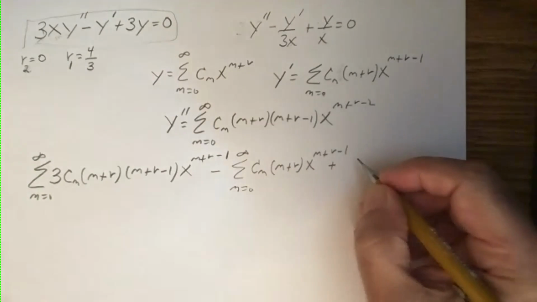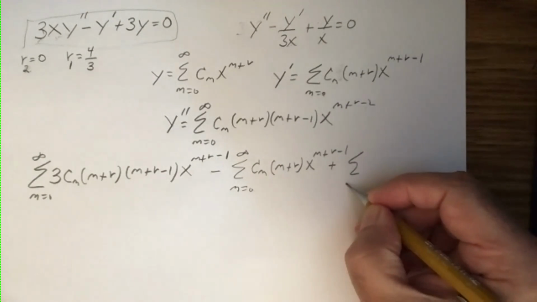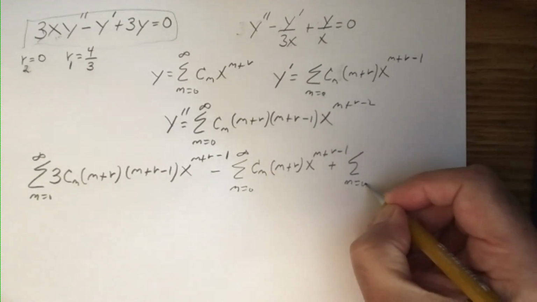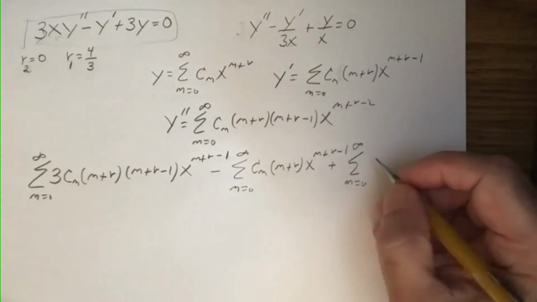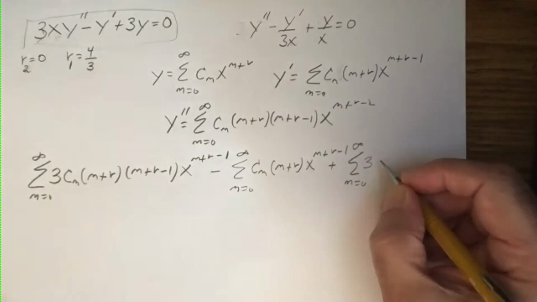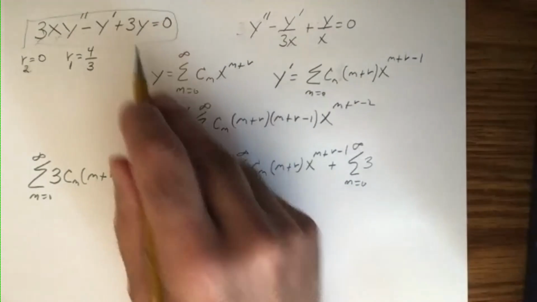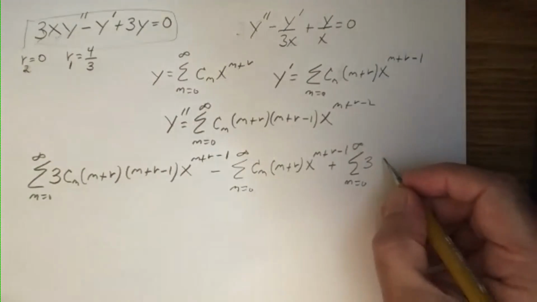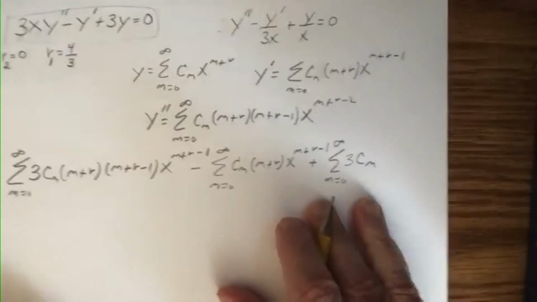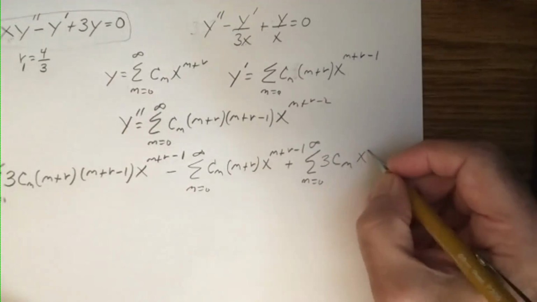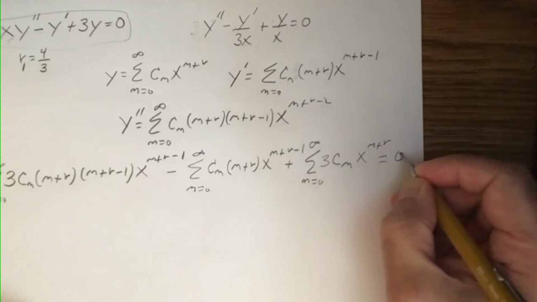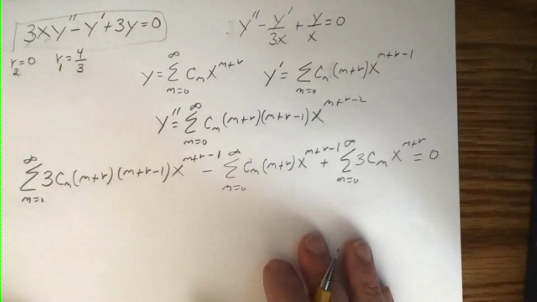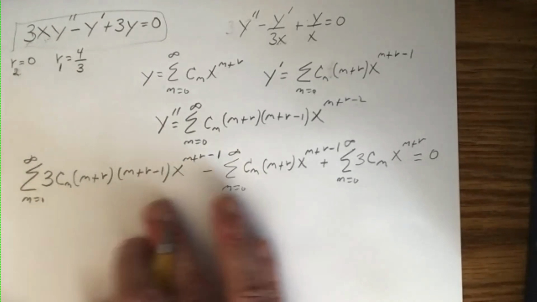And now I have plus summation, n goes from 0 to infinity, and now my y is going to be 3, I'm going to put this 3 here, and then it's c to the n, and then x to the n plus r, and that's all equal to 0. Let's see, I copied everything right.